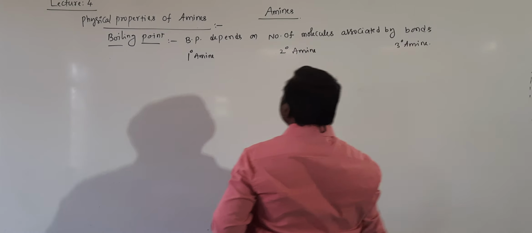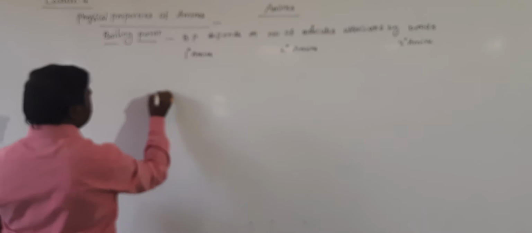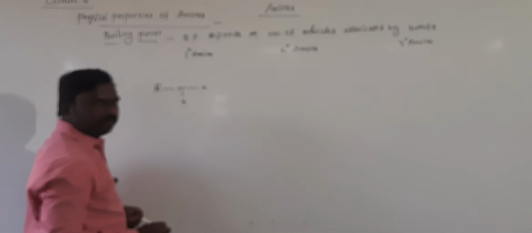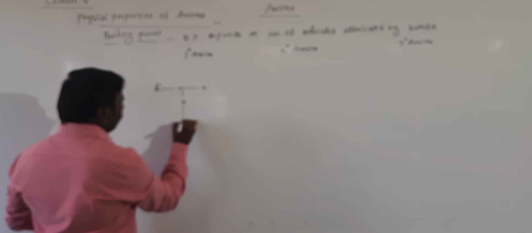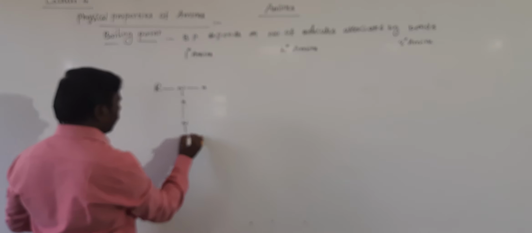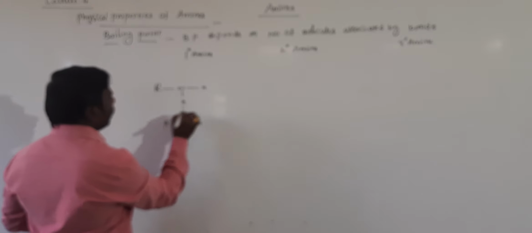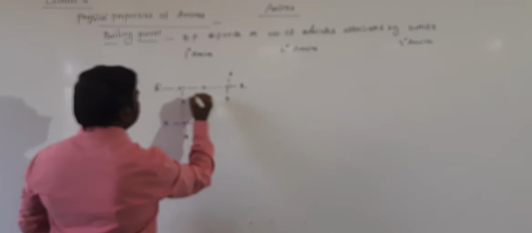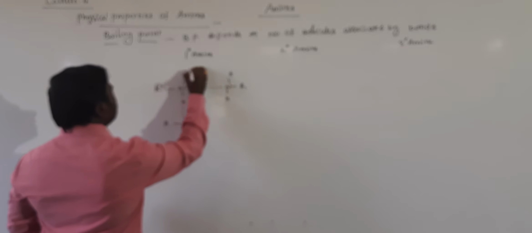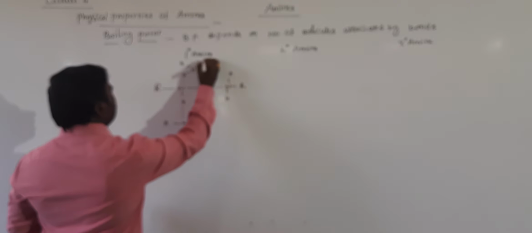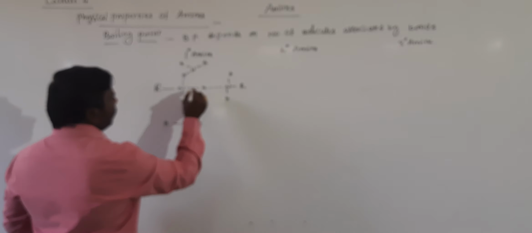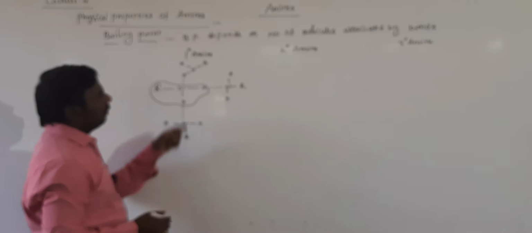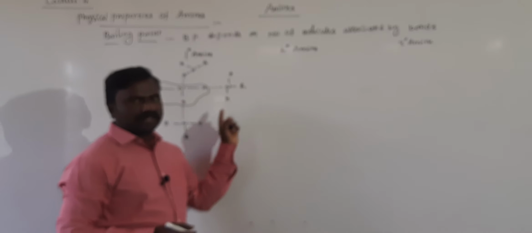The primary amine formula is RNH2. This molecule is in contact with 3 other amines.